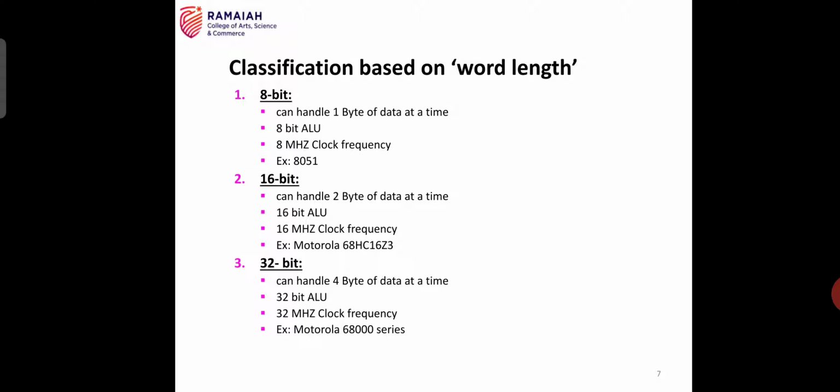And a 32-bit microcontroller can handle 4 bytes of data. 4 bytes is nothing but 32 bits of data at a time, and it has a 32-bit ALU, 32 megahertz clock frequency, and the Motorola 68000 series belongs to the 32-bit microcontrollers.